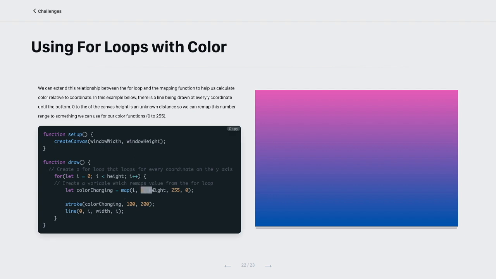And so whatever percentage we are in that space, we're going to map to the range 255 to 0, which happens to be the range of the color space that is used by p5.js. We're then going to draw a stroke, and because when we specify stroke with 3 arguments, it sets a color, this is the red channel, the green channel, and the blue channel.